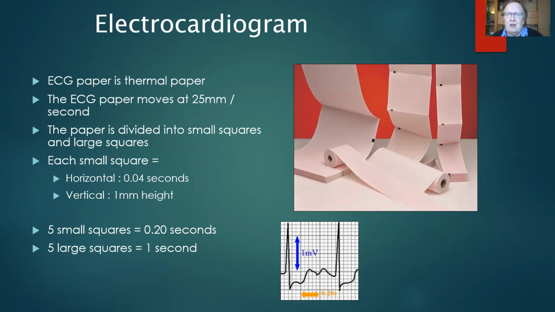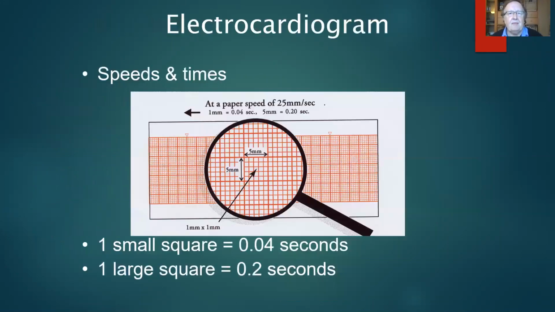Paper depends on the machine you're using, but it goes through at a set rate, and that will help us later on. The thing to remember is that 5 small squares is 0.2 of a second, and 5 large squares is 1 second. That's going to help us later when we're looking at the patient's rate, but of course you can always look at the machine and take a pulse. Next slide, please.